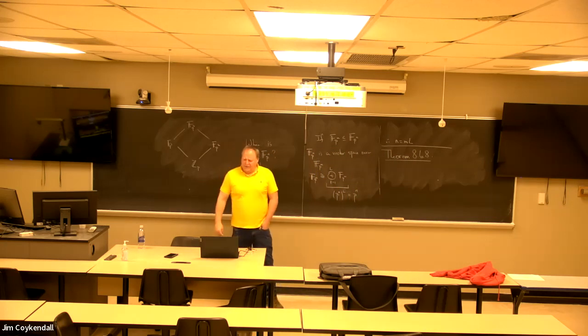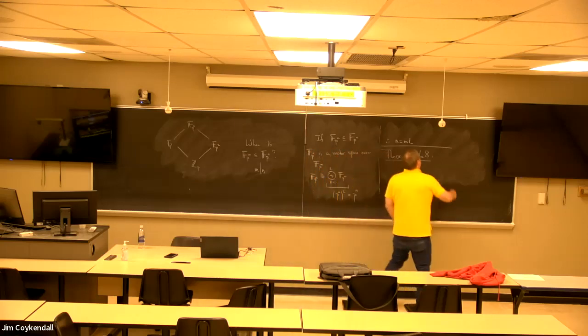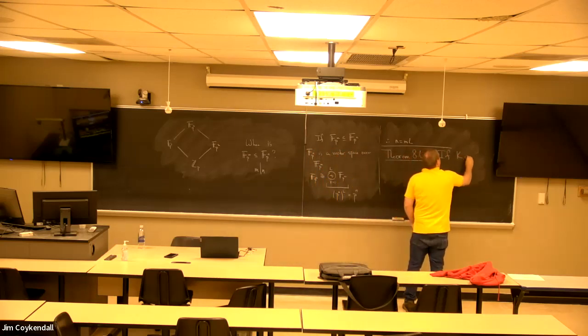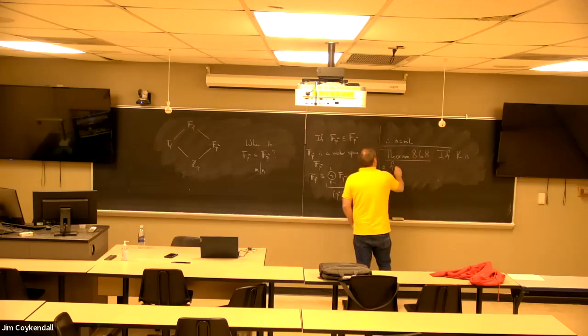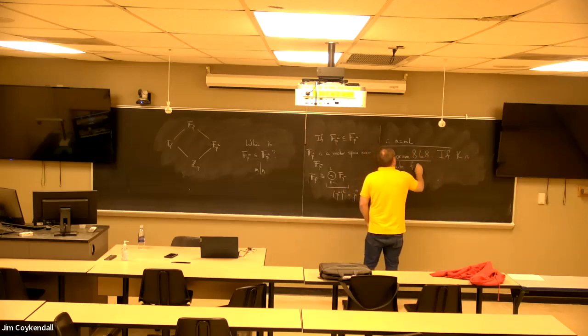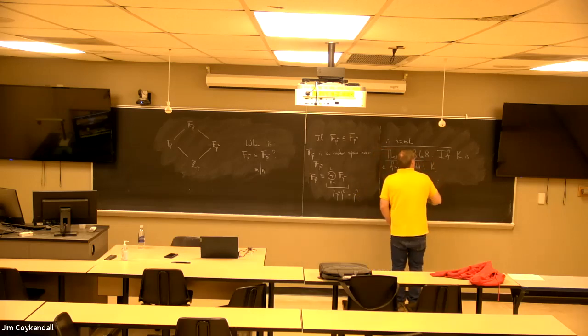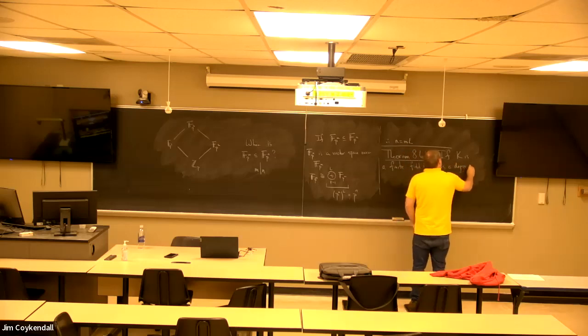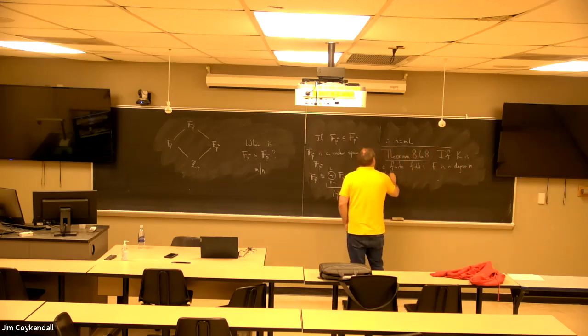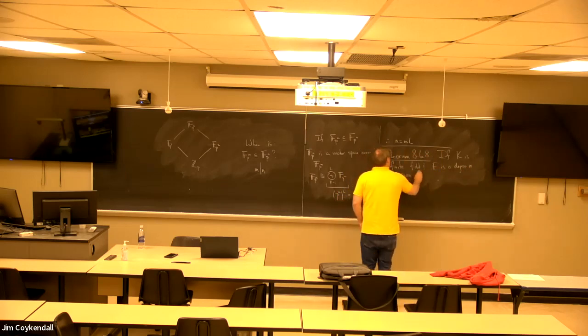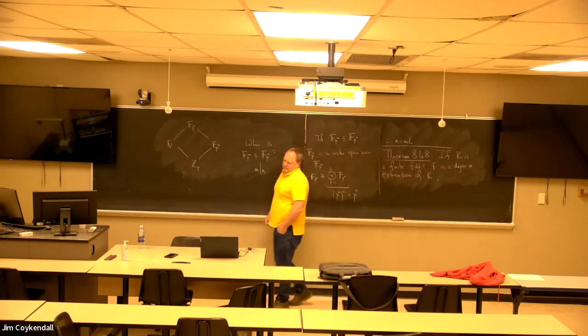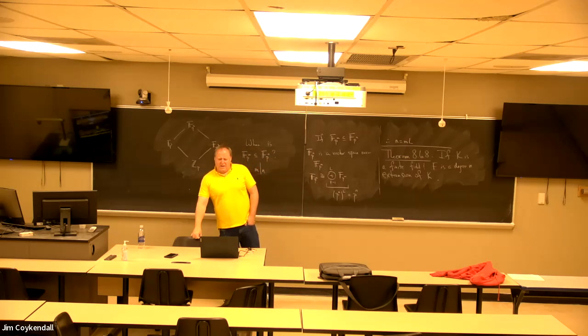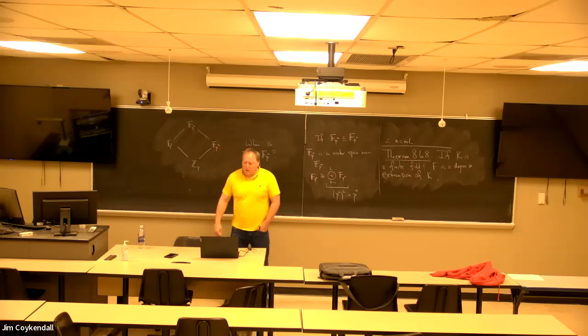If K is a finite field and F is a finite extension of degree n, let's say F is a degree n extension of K, then of course F is finite and Galois over K.